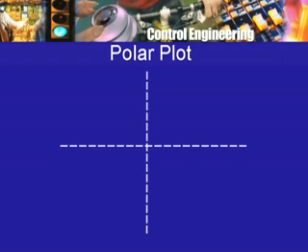For high frequencies, the gain is 0, so I am very close to the origin, but the phase shift is minus 90 degrees. Again, I do not know whether I will be on this side of the j omega axis or this side of the j omega axis. Now, I have to go from here to here. Now, this is where it is not immediately clear which way the curve will be.